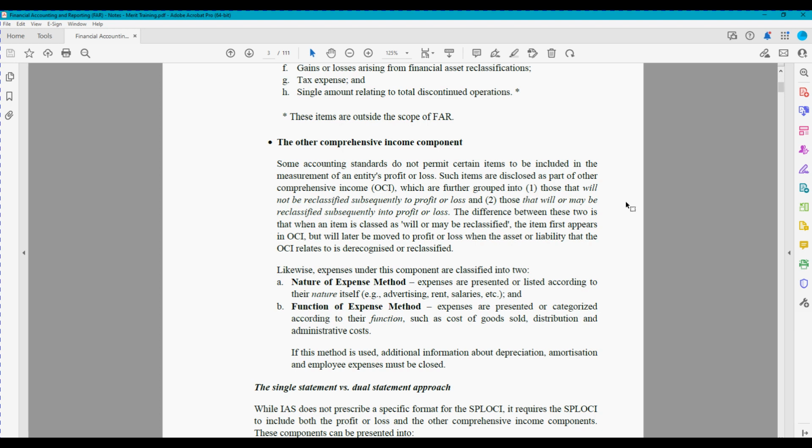The alternative is in relation to the function of the expense. And that could be around what those expenses are actually doing, like what's their function. So some examples of this could be cost of goods sold, distribution, and administrative costs. So if you've got a warehouse cost, right? If it's nature, then you could say this is rent and outgoings.